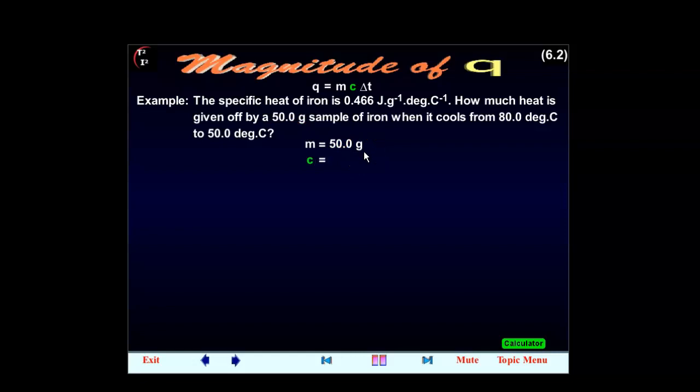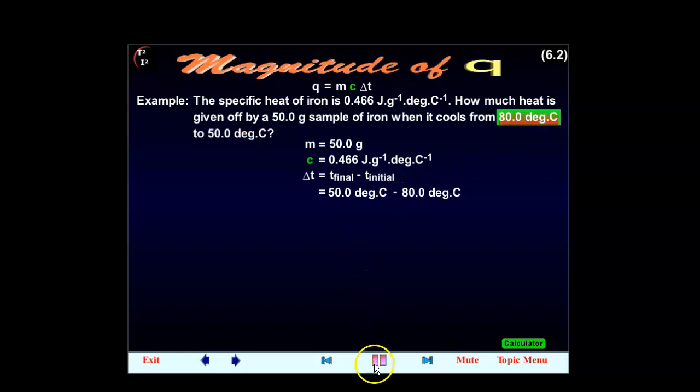C equals 0.466 joules per gram per degree Celsius. Delta T equals T final minus T initial equals 50.0 degrees Celsius minus 80.0 degrees Celsius equals minus 30.0 degrees Celsius.